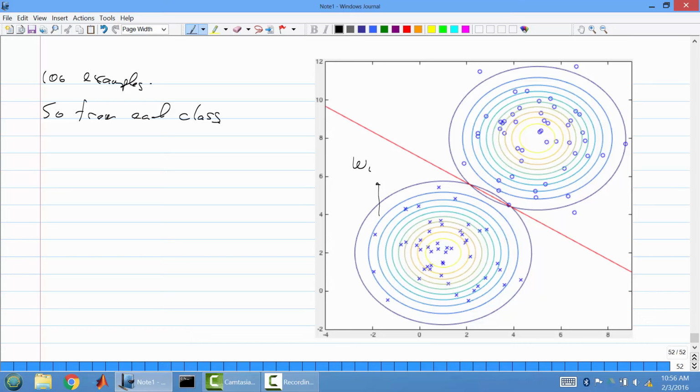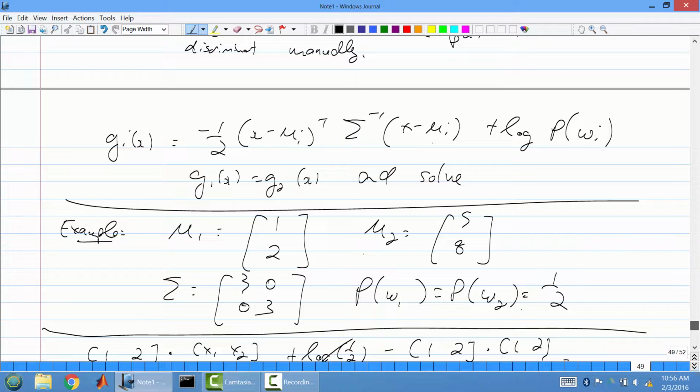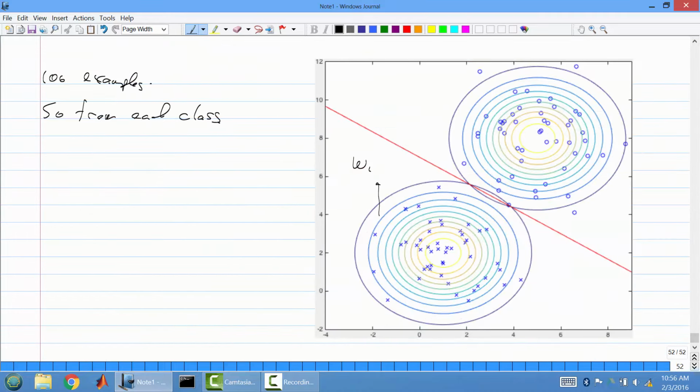Let me just double check. Yeah, okay, good. We got 1, 2, 5, and 8. So this is class 1, this is class 2, and these are the means, mu1 and mu2. And this is the decision boundary, x2 equals minus 2 over 3 x1 plus 7.